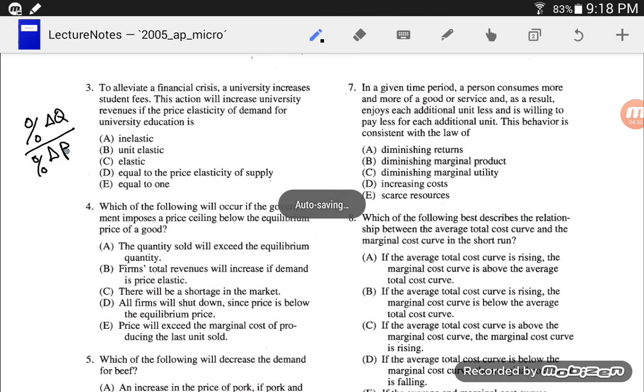If you increase prices by, say, 10% and quantity is reduced by 10%, then I don't get any additional revenue. But because revenue is just price times quantity, if prices go up by 10% and I only lose, say, 5% of quantity, then my total revenue is going to go up. And that is a case of the demand being inelastic, meaning there was a small change in quantity compared to the change in price.